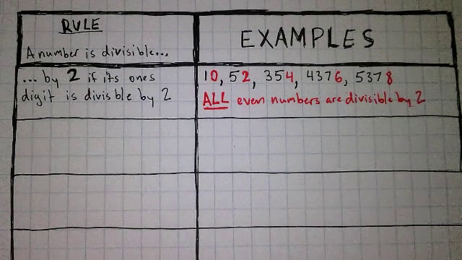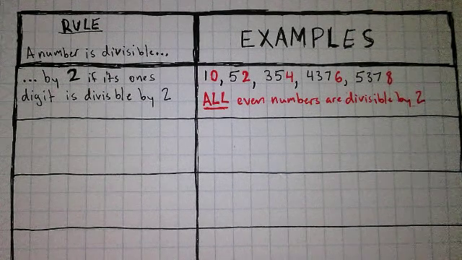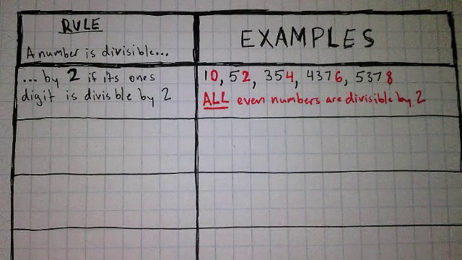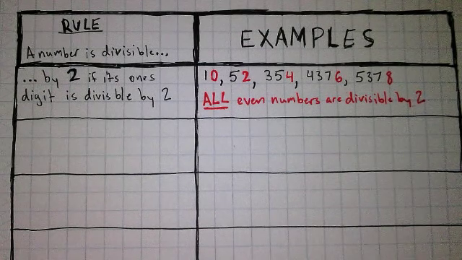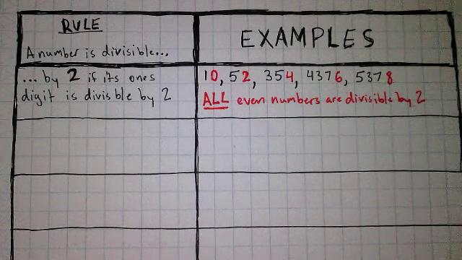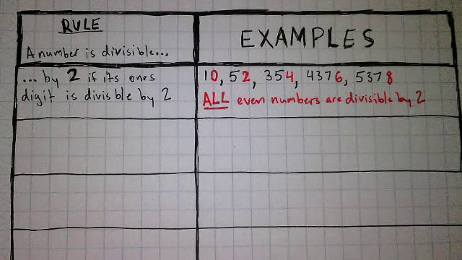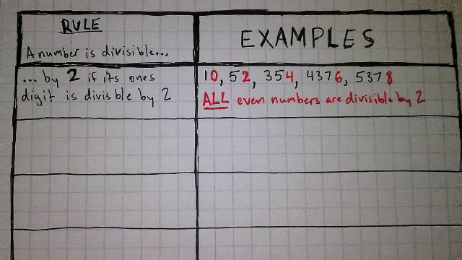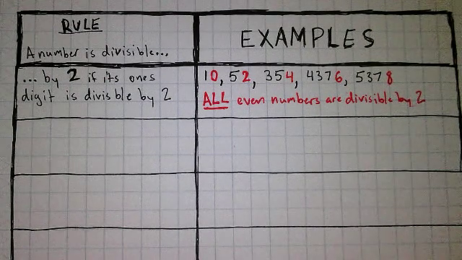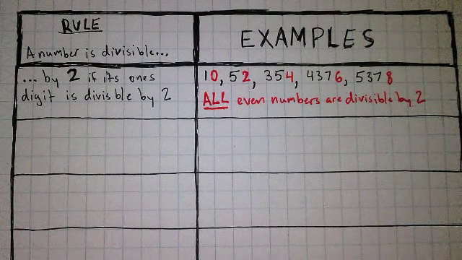So if your number ends in any of those numbers, then your full number is going to be divisible by 2. So if you're ever like, can 2 go evenly into this number? Well, if it's an even number, yes, 2 can go evenly into every single even number. So all even numbers are going to be divisible by 2.